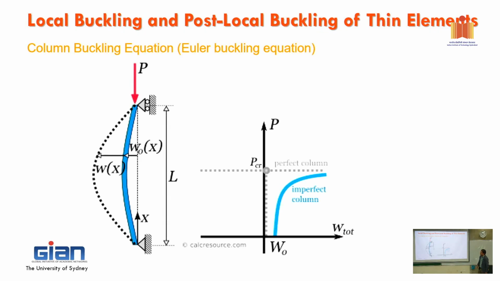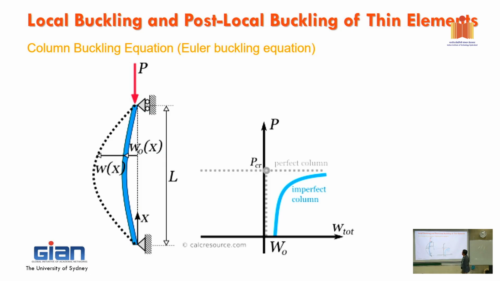Before that, let's go back to the very fundamental equation, the Euler equation, the 1D equation. If you have one column and you press it under compressive load, compressive stresses, what happens? It's going to go up to somewhere here when it reaches the buckling load, and then it suddenly buckles. It's gone.